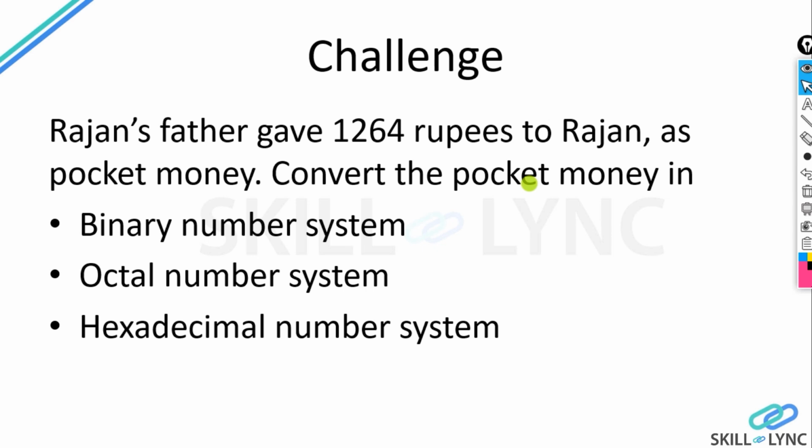Because we are talking about money, it is a decimal number system. I hope it is very clear how to convert the numbers. If you remember, you can divide by 2 and write down the values for binary. In octal, write the bits in groups of 3 bits. And in hexadecimal, write them in groups of 4 bits.